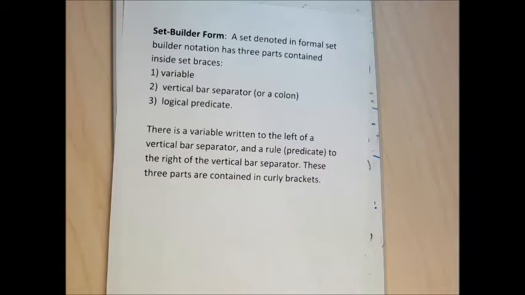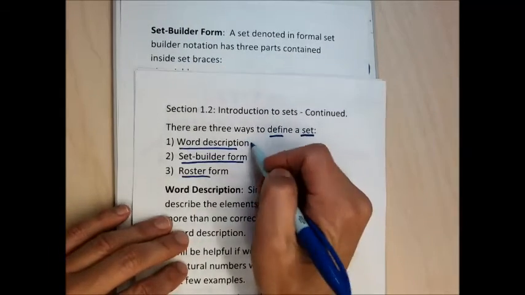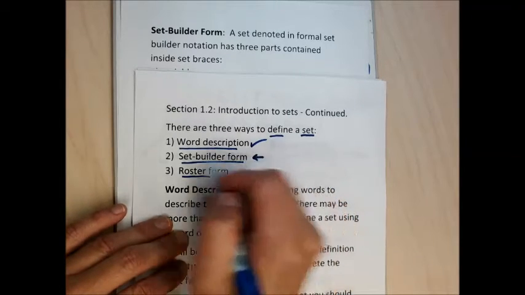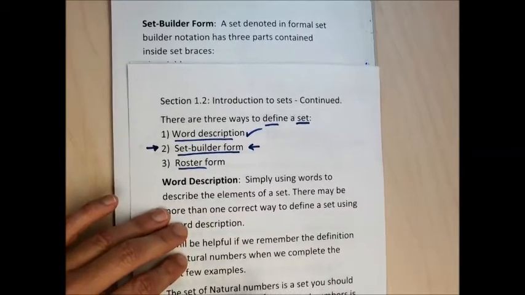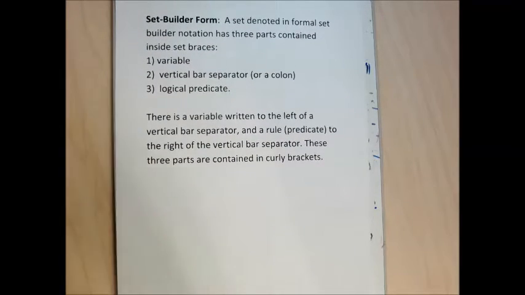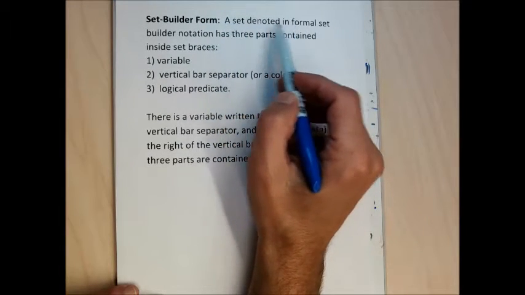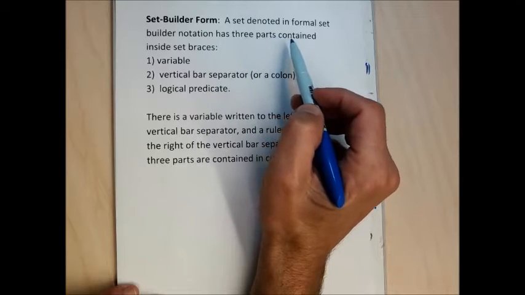So at the beginning, I said there were 3 ways to describe sets or define sets. We just went through word descriptions, and now we're going to go to the ugliest one, which is the set builder form. So the set builder form is the second of 3 ways to describe or define a set, and this is a real formal definition. So set builder form says a set denoted in a formal set builder notation has 3 parts inside set braces.